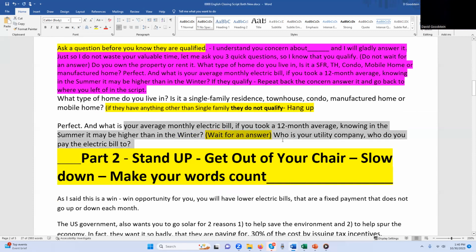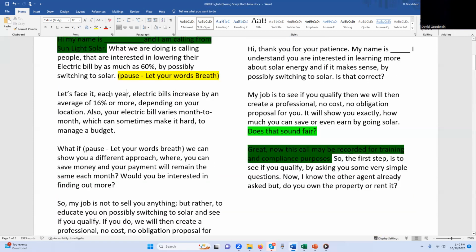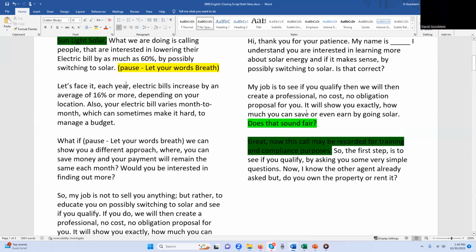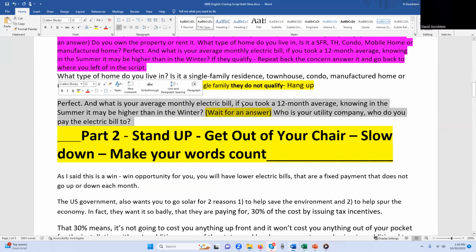What is your average monthly electric bill if you took a 12-month average, knowing in the summer it may be higher than the winter? All right. So depending on what the circumstance is, either you're taking the call from start to finish or the call is being transferred, you're going to end up in the same place asking the same questions. All right. So that's part one of the closing script.